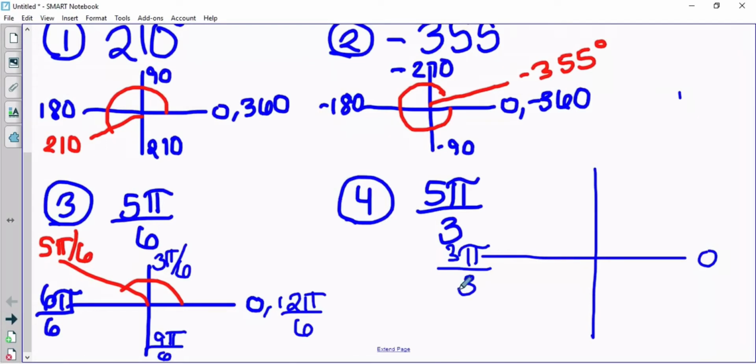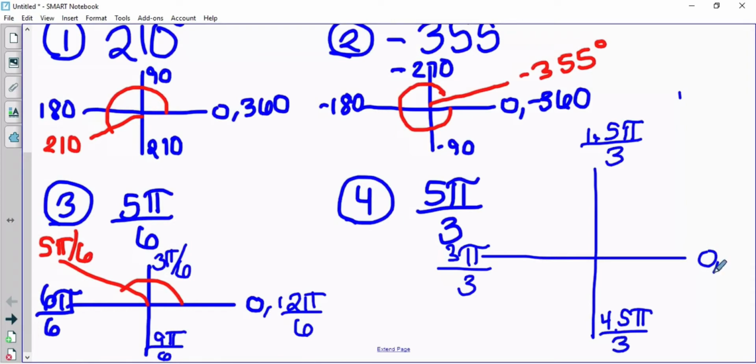Then I'm going to say, okay, halfway to 3 pi over 3, straight up in the air here, is 1.5 pi over 3. I know that looks funny because of the decimal there, but that was halfway to 3 pi over 3. So 1.5 pi over 3, 3 pi over 3, add 1.5 more, and we get 4.5 pi over 3.